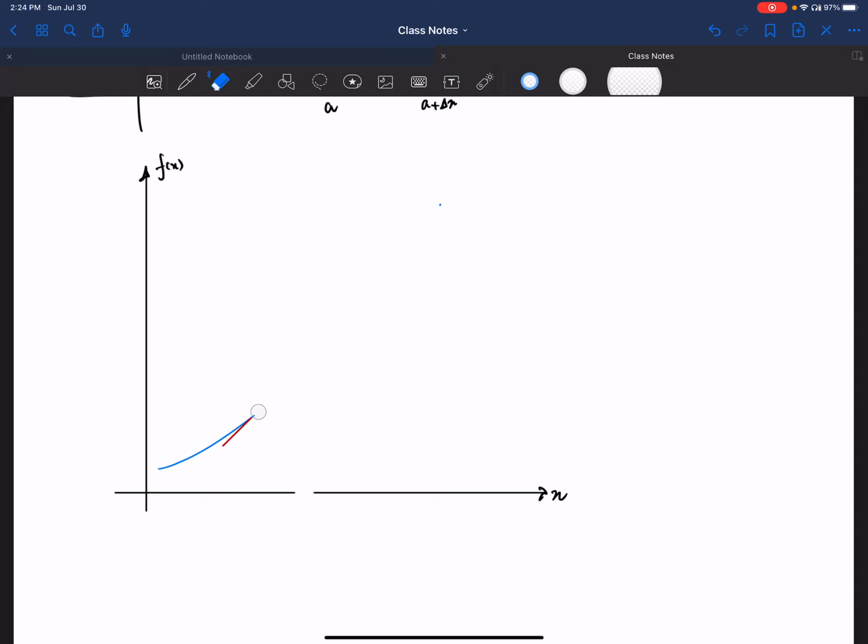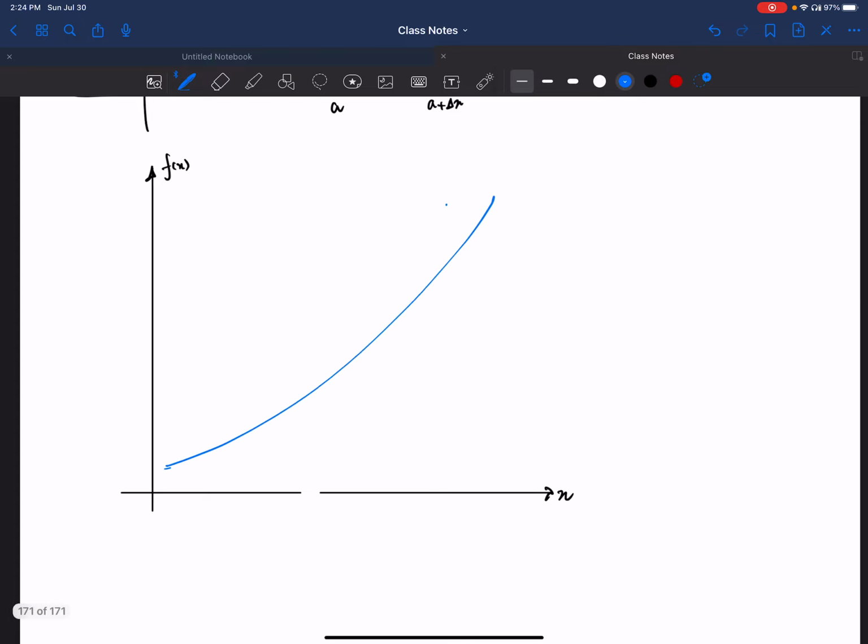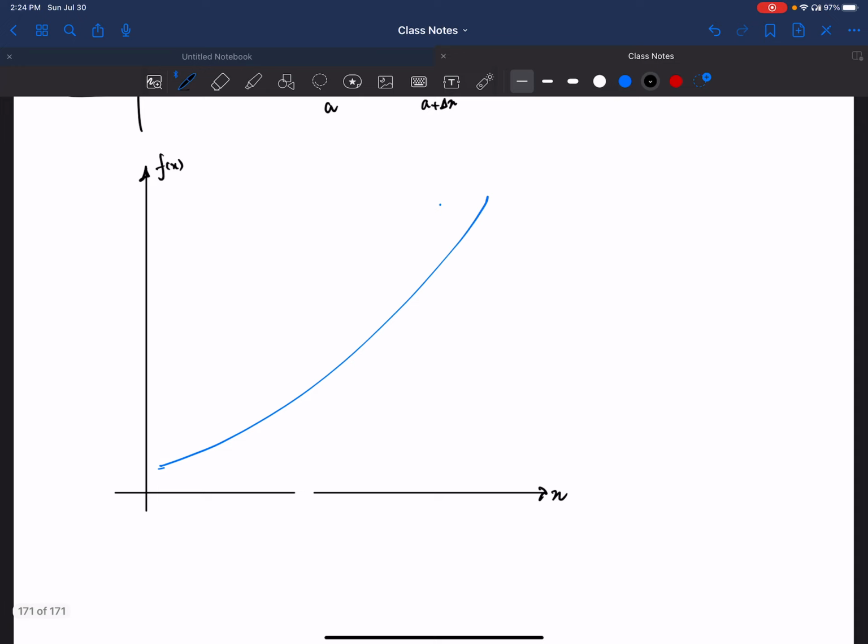The function of the tangent line we have obtained previously.